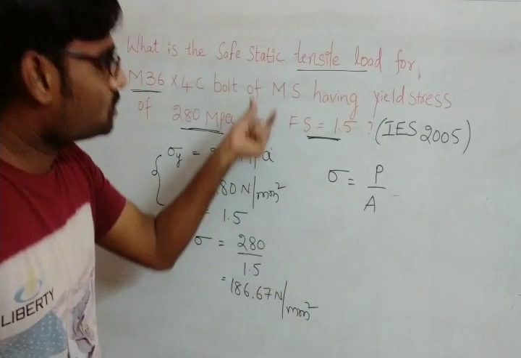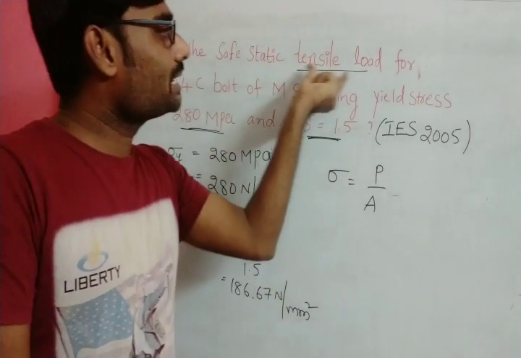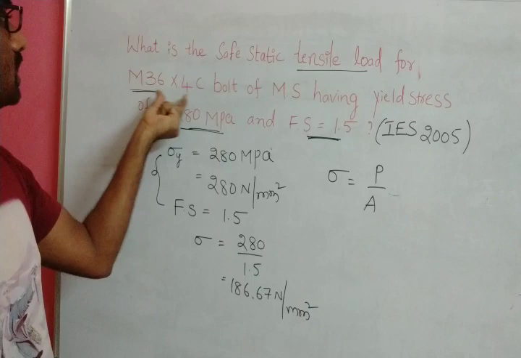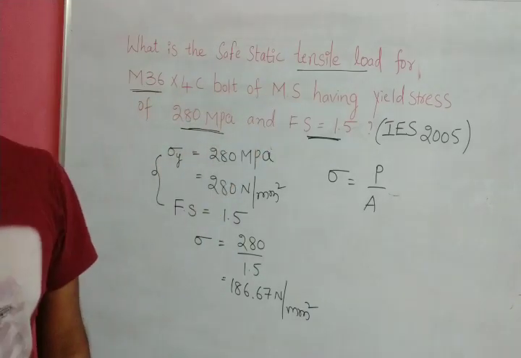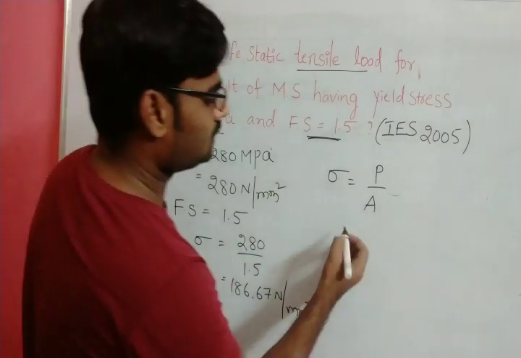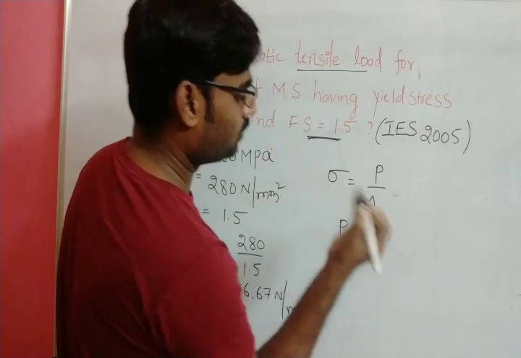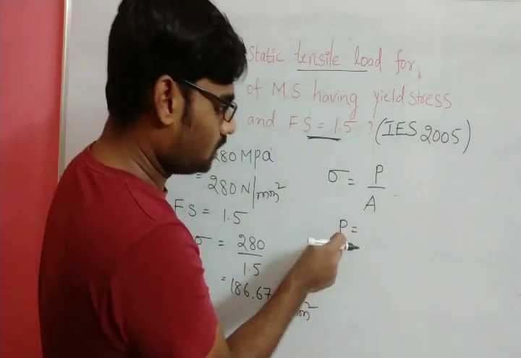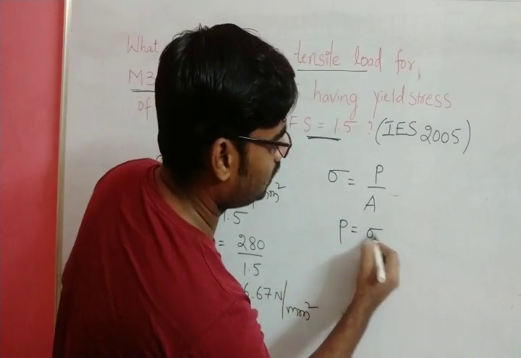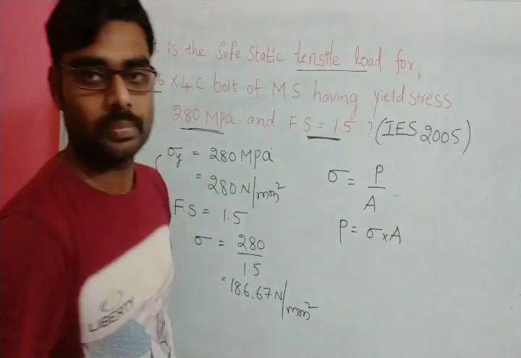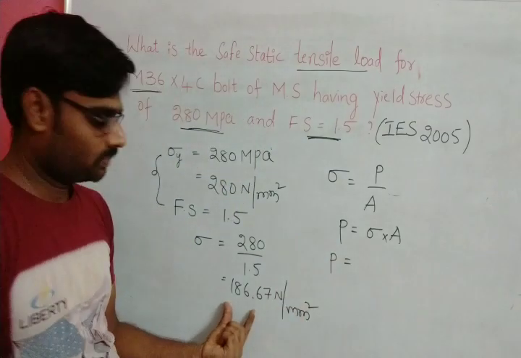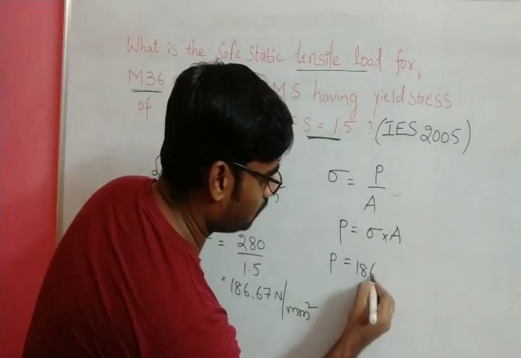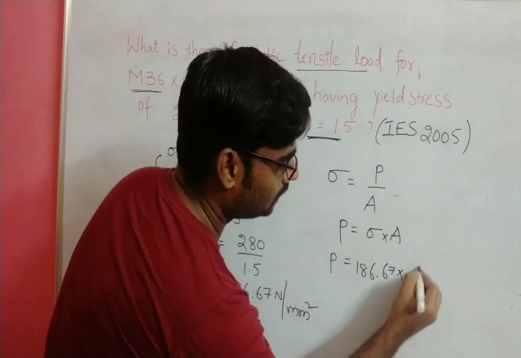In this question we just calculate the tensile load for the M36 4C bolt of mild steel material. But how to calculate the load? P equals sigma into A, so load equals stress, 186.67, into area.